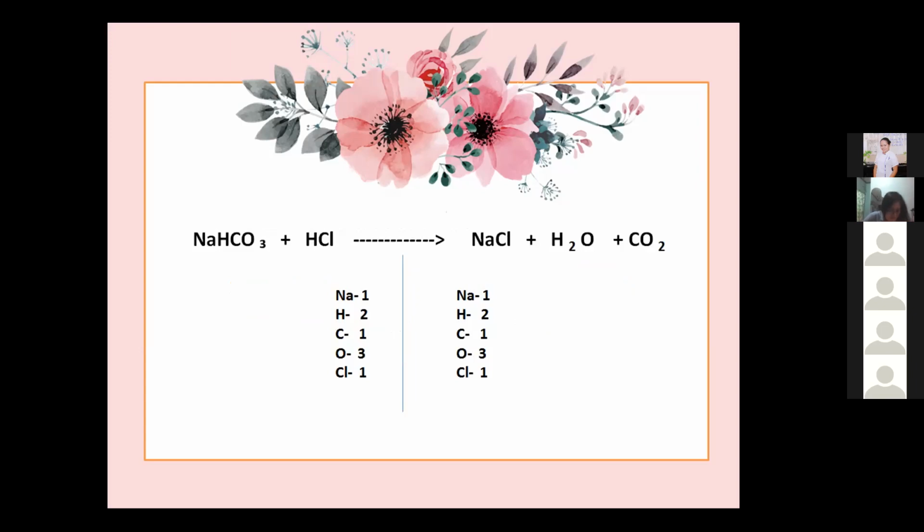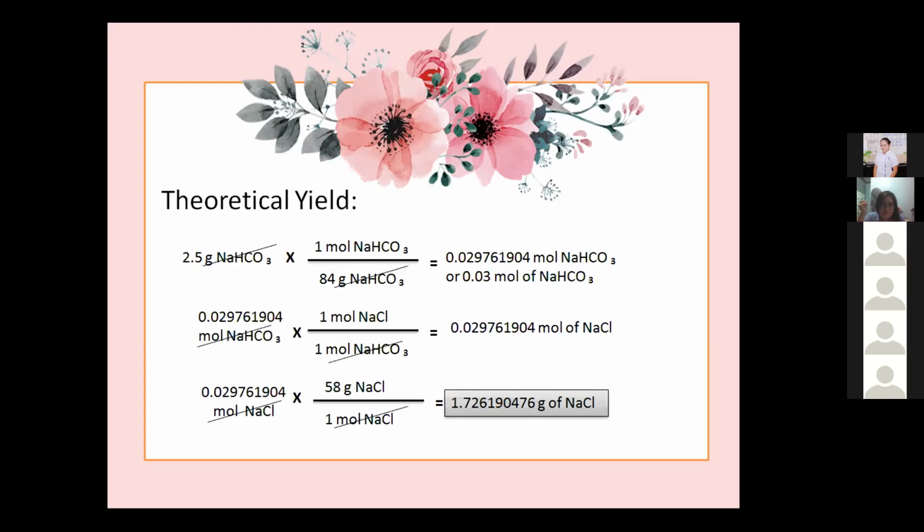So this is our balanced chemical equation: sodium bicarb plus hydrochloric acid yields sodium chloride plus H2O plus carbon dioxide. So they are balanced. For solving the theoretical yield, we used stoichiometry.